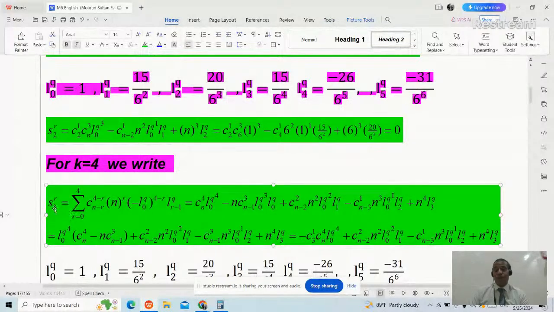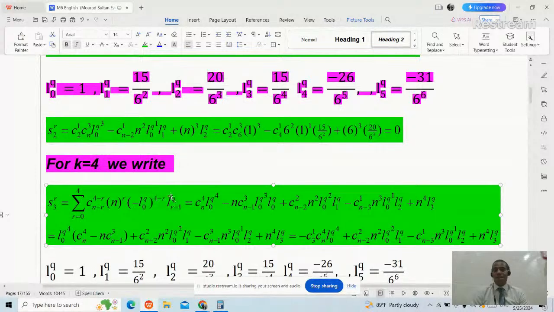It means S(4-1) is S3, the sum where r runs from 0 to 4 of combination n minus r, 4 choose 4 minus r, n raised to the power of r times between parentheses negative L0 of ODQ raised to the power 4 minus r times L(r minus 1) of ODQ.